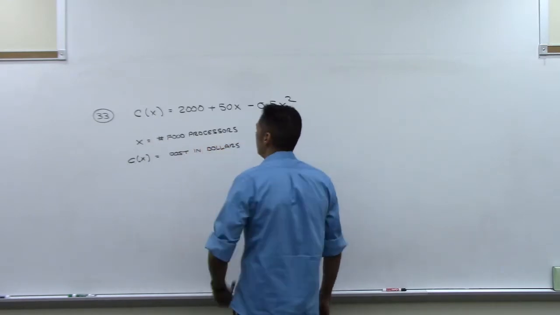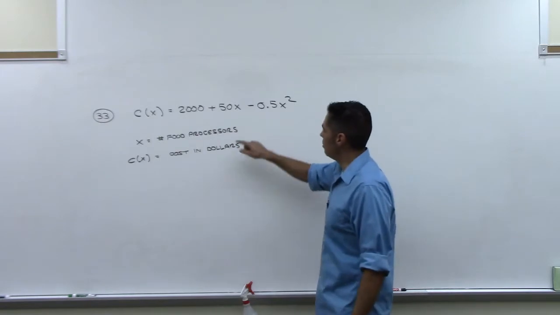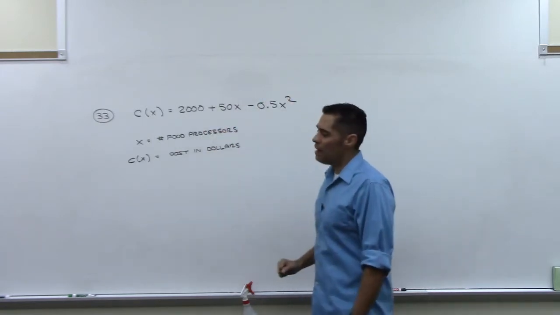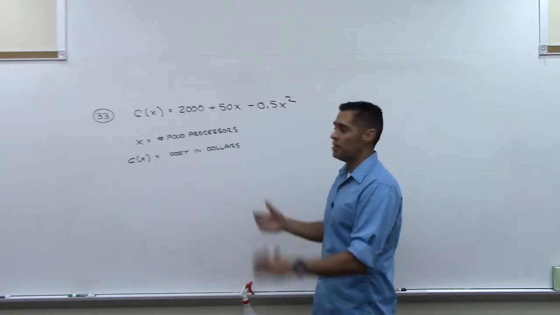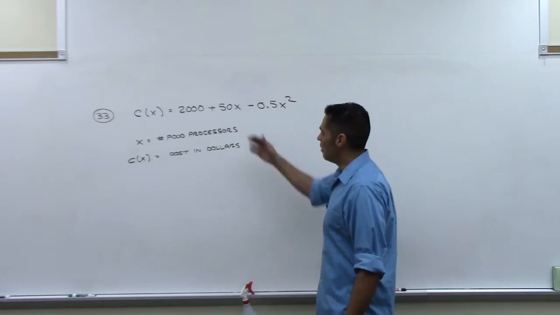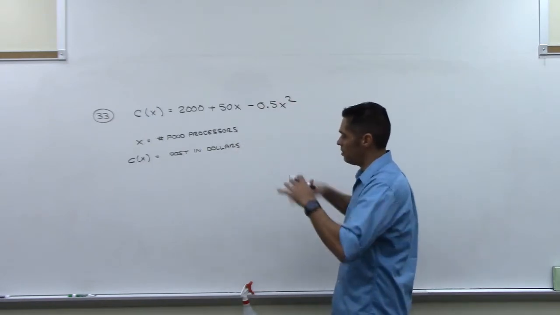So for example, if we make 0 food processors, it'll cost us $2,000 just to run the business, if we don't make any food processors at all. So as we increase the number of food processors, our cost is going to change.